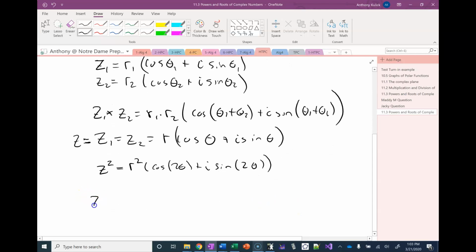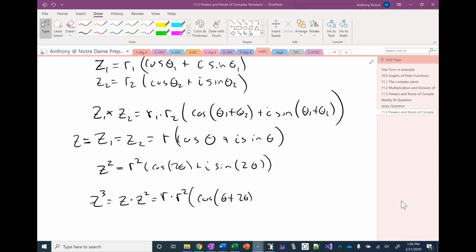So then if I wanted to do z to the third, I would just have z times z squared, so that'd be r times r squared, because now z squared is my second one, and I'll have cosine of theta plus 2 theta, and then plus i sine theta plus 2 theta again.